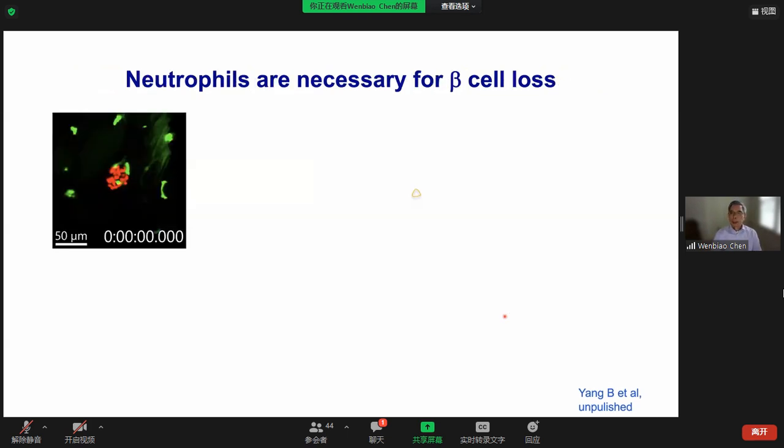And then because neutrophils and macrophages usually come in tandem during inflammation, we also look at neutrophils, to see if there is also neutrophil infiltration in the islet. And I'm going to show in the movie that indeed, we see a lot of neutrophils coming in and they move in very quickly into the islet.